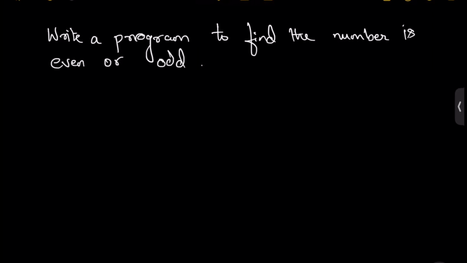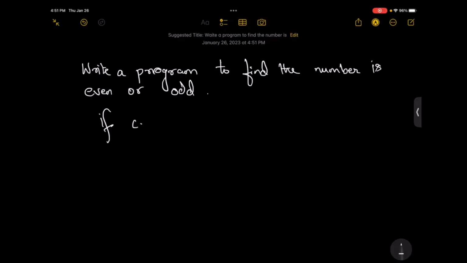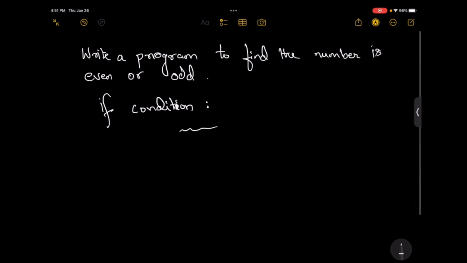This is the question you can get. In this case, if is the syntax where you have to mention the condition, write the block of what you want to execute, and then you have to write an else for what you don't want to execute. So this is the syntax which you have to write.